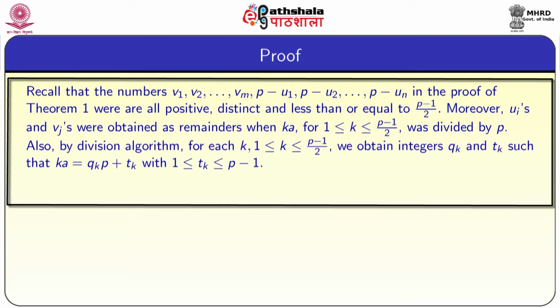So, also by the division algorithm, for each k, 1 less than or equal to k less than or equal to (p-1)/2, we obtain the integers q_k and t_k such that ka is equal to q_k times p plus t_k, with 1 less than or equal to t_k less than or equal to p-1.